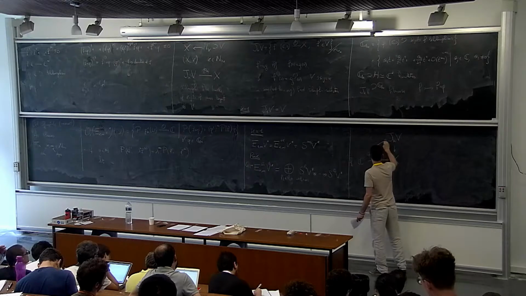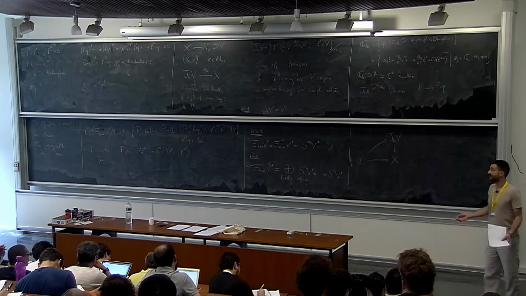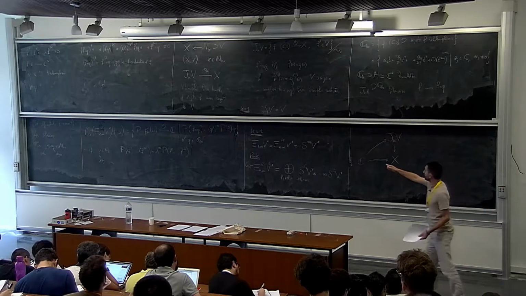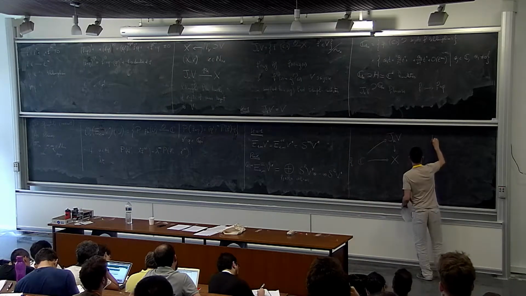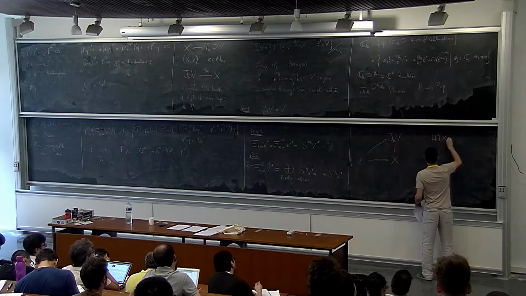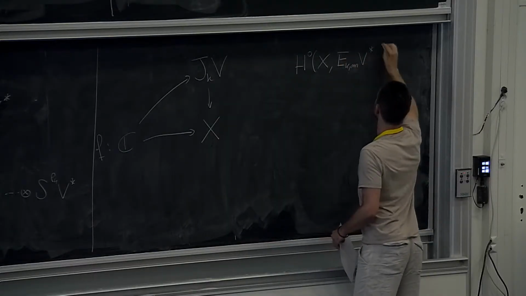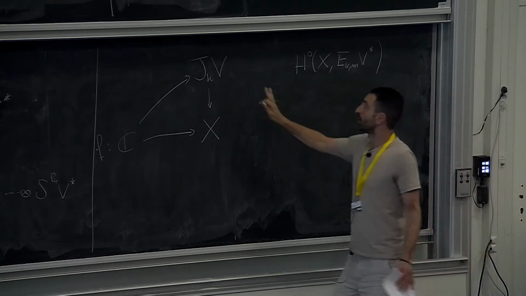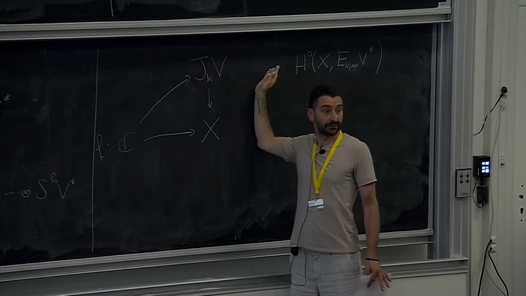So you have a map from here to here. And suppose you have some global section of this bundle. A global section here is nothing more than a globally defined holomorphic function here to C.